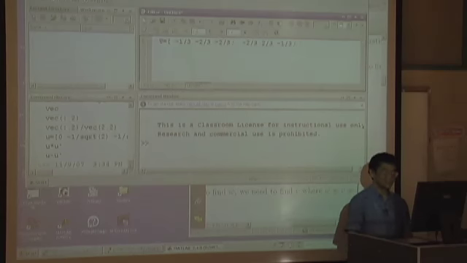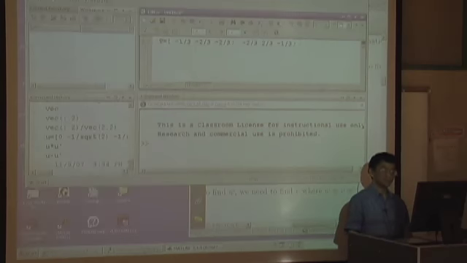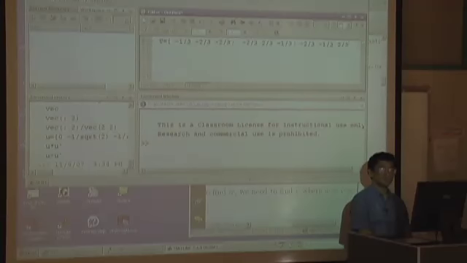Third row is negative 2/3, 2/3, right? 2/3. So did I write the matrix correctly?